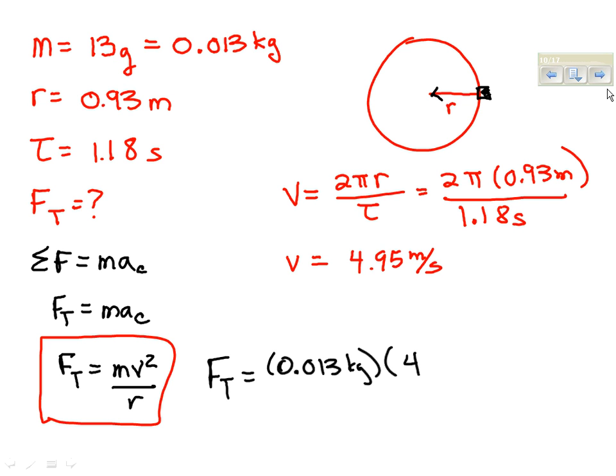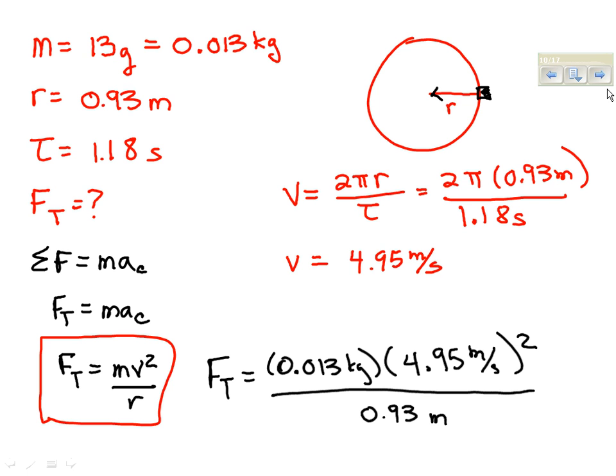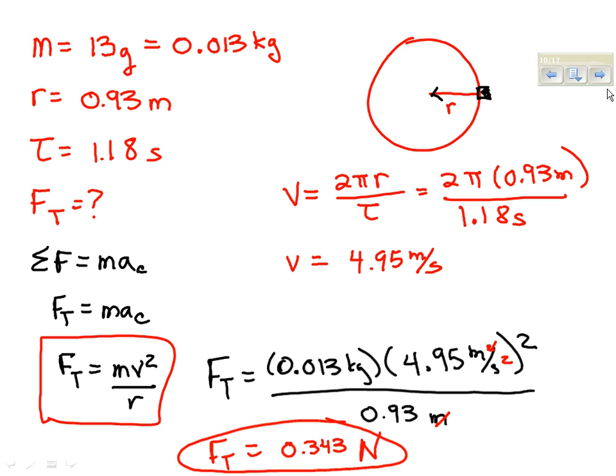Our velocity is 4.95 meters per second, squared, all over our radius, which is 0.93 meters. When the units are squared, one of our meters cancels out and we're left with kilograms meters per second squared, which is a newton. The force is always a newton, and we have a force of 0.343. And there's the tension on the string.